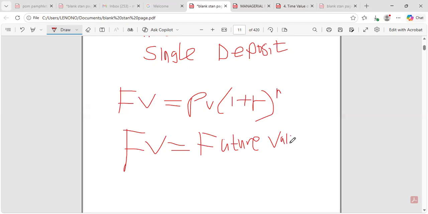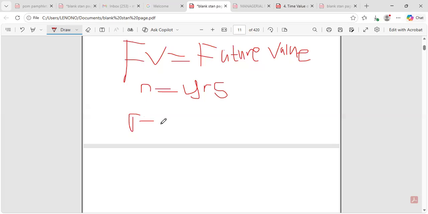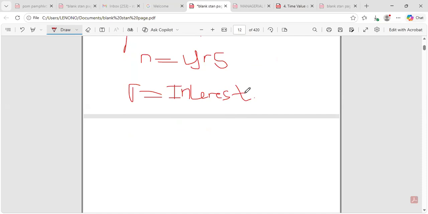Then our n is the number of years. All right, so this is what we have. From here, then our R is the interest rate.